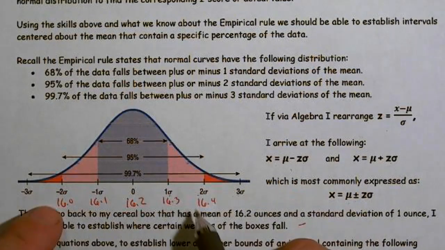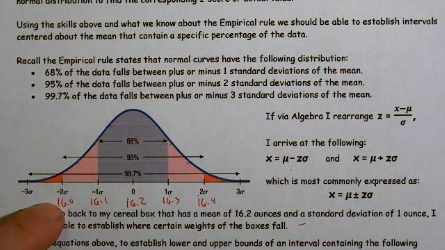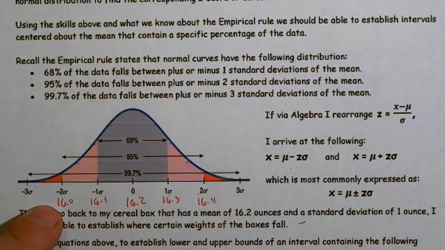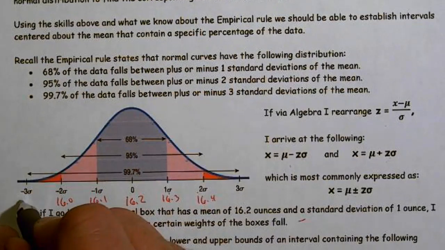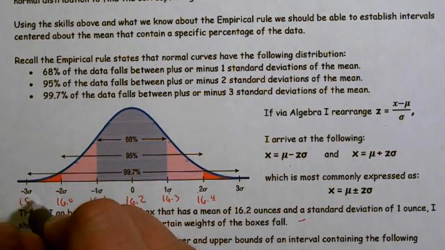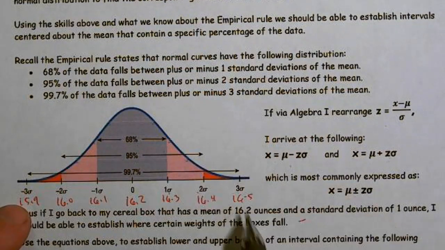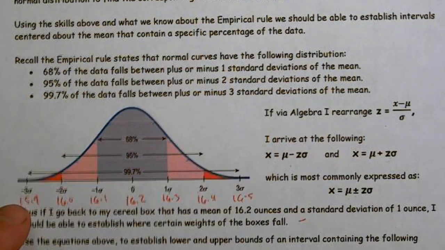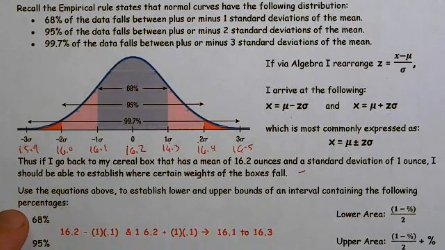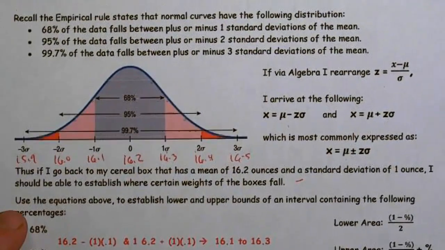So between 16.0 and 16.4, we'd have 95% of our data. And if we went down to three standard deviations, this would be 15.9, and this would be 16.5. And between 15.9 and 16.5, we'd have 99.7% of our data. All right.